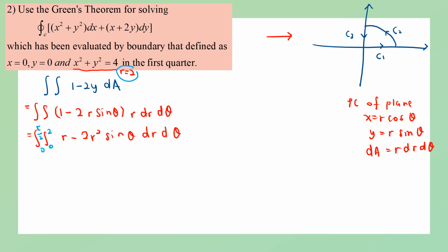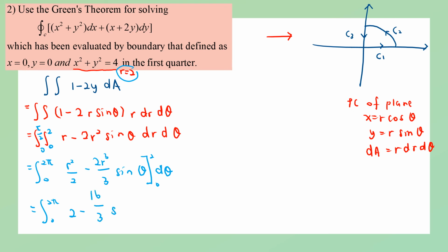So you can integrate it. First, you integrate with respect to r, you will get r squared over 2 minus 2r cubed over 3 sin theta, from 0 to 2, d theta. So when you substitute 2 and 0, you will get the integral of (2 minus 16 over 3 sin theta) d theta.